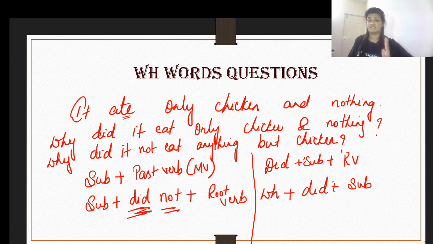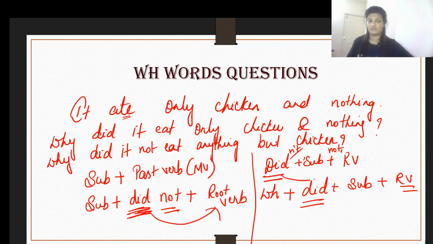When you are making this as a negative, all you have to do is contract it over here or bring in not over here. Similarly, here I forgot to add the root verb. So root verb, when you are using did, the main important thing over here for you to understand is did. When you are using did, switch to root verb. When you're using did, switch to root verb.